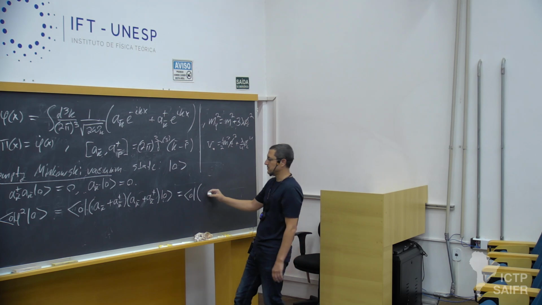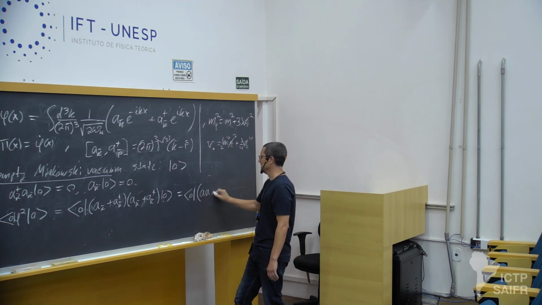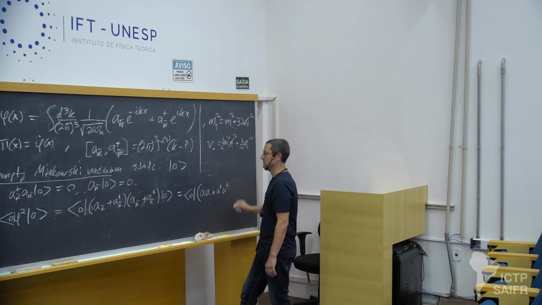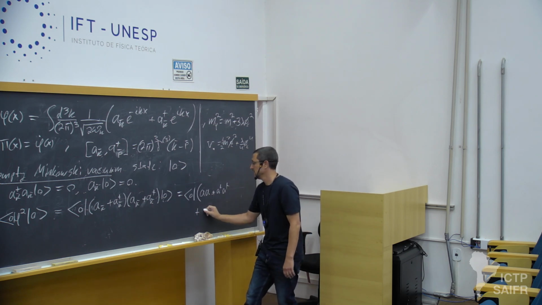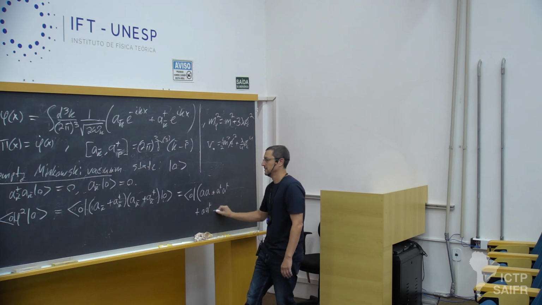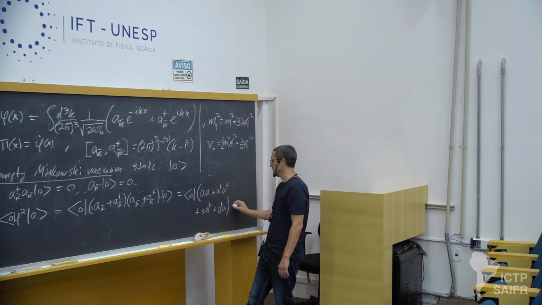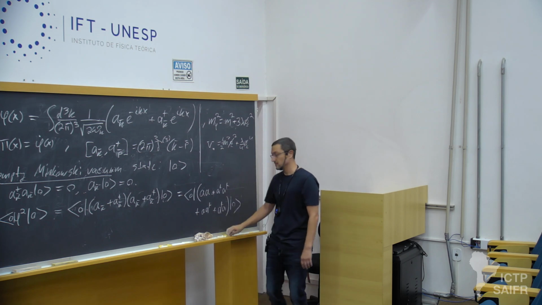I do all this for a reason, I think. So there will be a a, plus a dagger a dagger, and then there will be a dagger a, under 0.